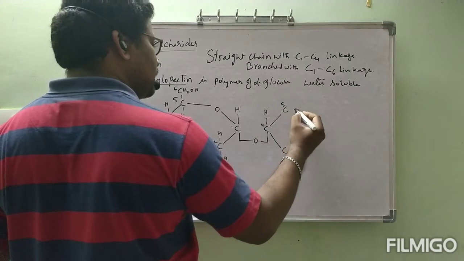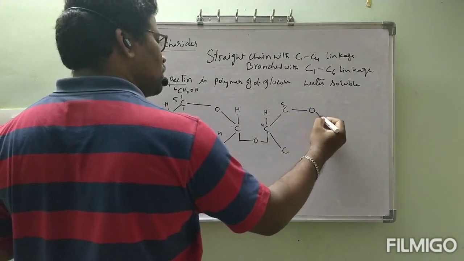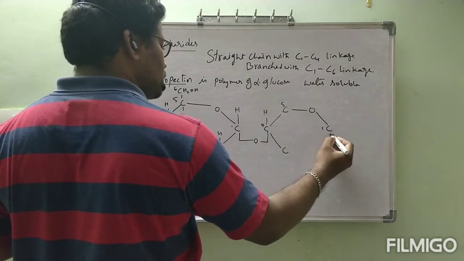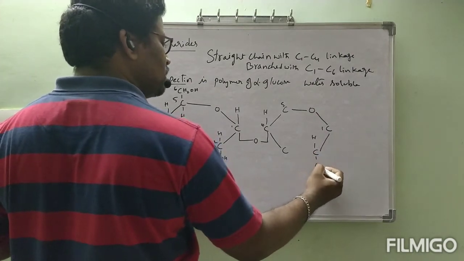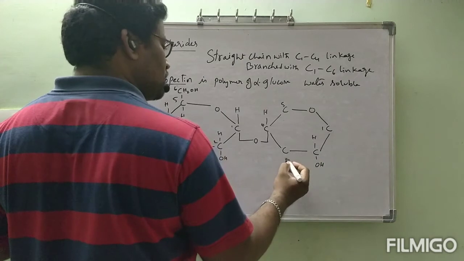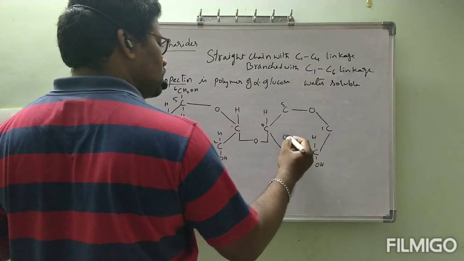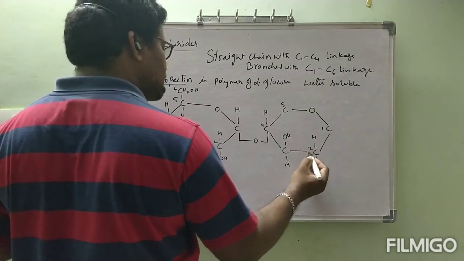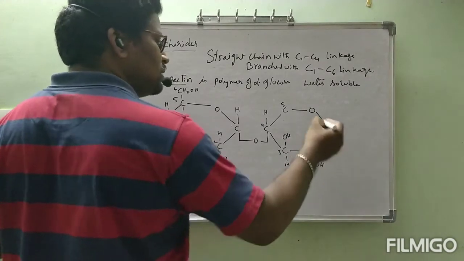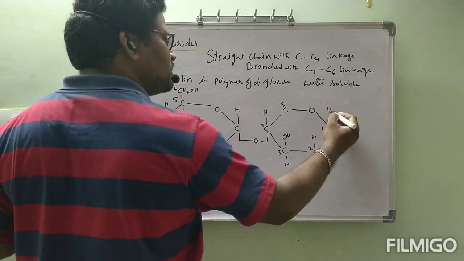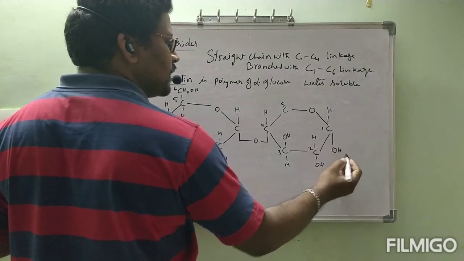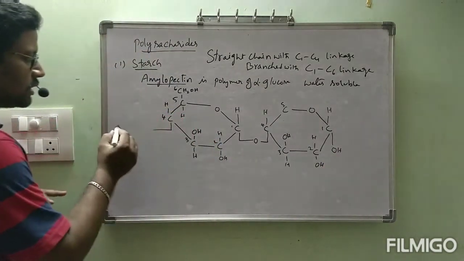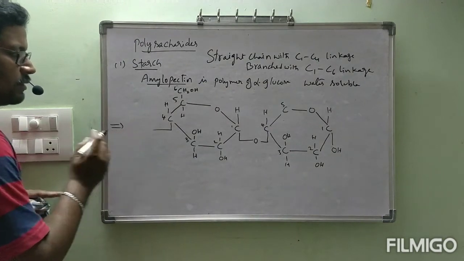Now next again C4. C4 bonds with C5, O, C1, H, OH, H, OH. This is the second carbon, this is the third carbon, this is the first carbon. First carbon H, first carbon has OH. See, this chain is continuing.